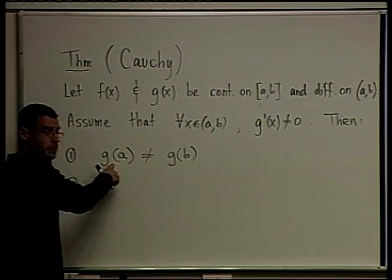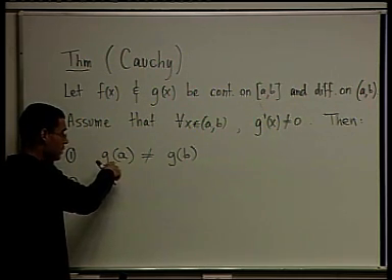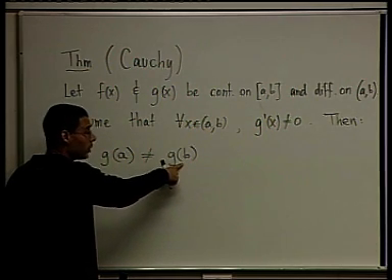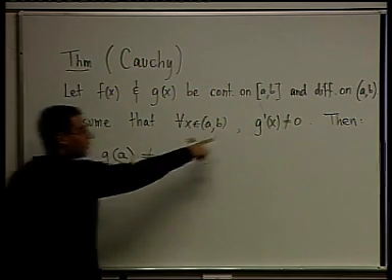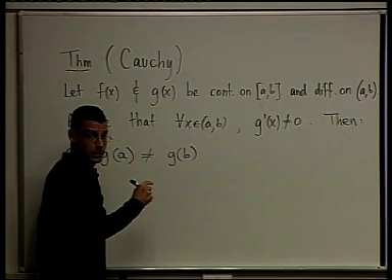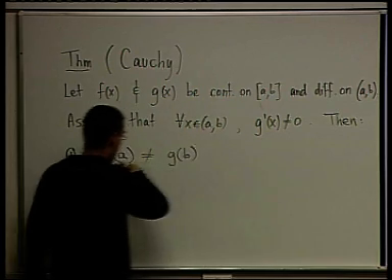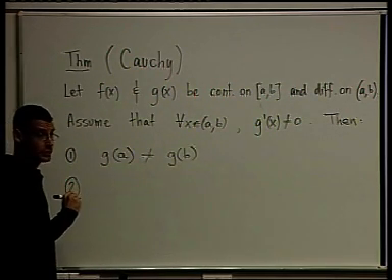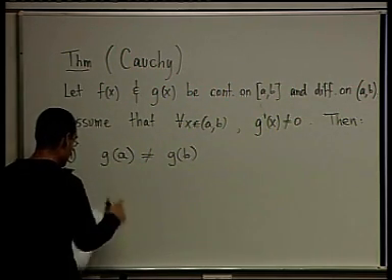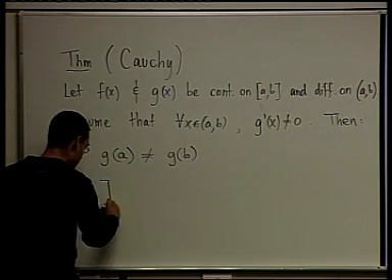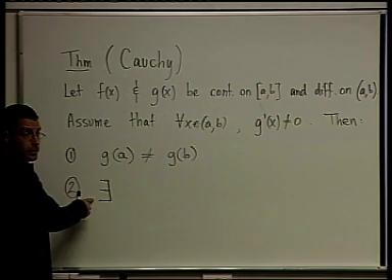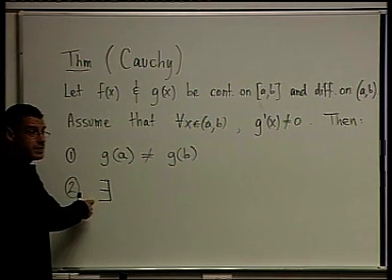This is very easy, by the way, to convince you, right? Because if g at a and g at b were the same, then there would have to be a point where the derivative is 0, right? But we're assuming that it's not. So g at a has to be different than g at b. And the second part, which is the one we're interested in: there exists, do you know this symbol? This symbol means there exists.